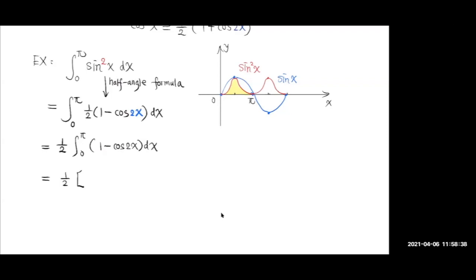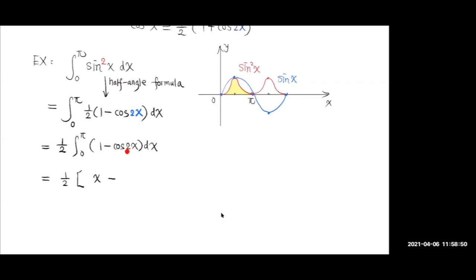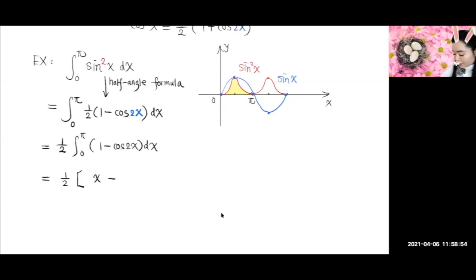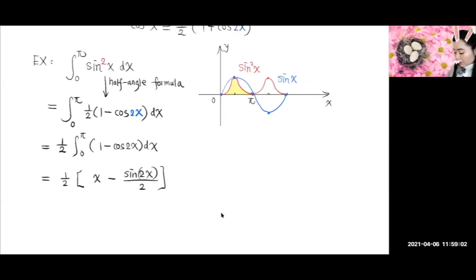Minus the antiderivative of cosine 2x: sine of 2x over 2. When you differentiate sine of 2x, you get 2 times cosine 2x, and then you divide by 2, you get cosine 2x.